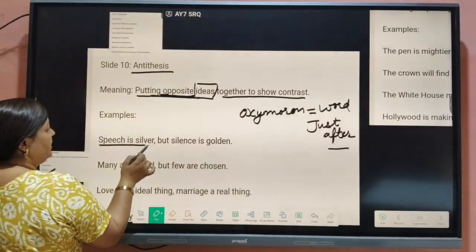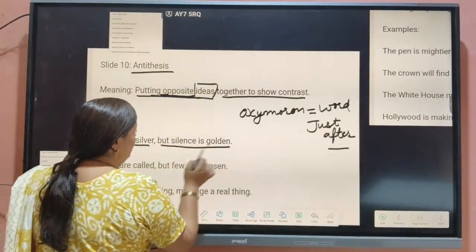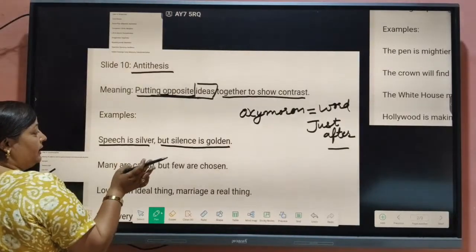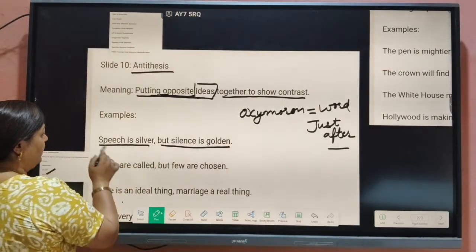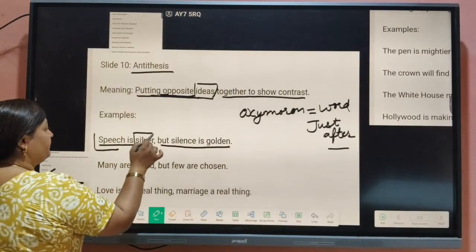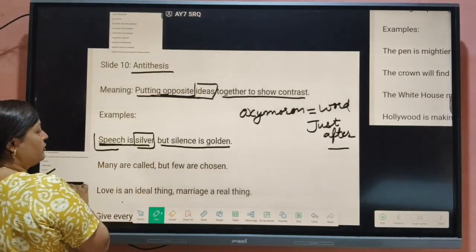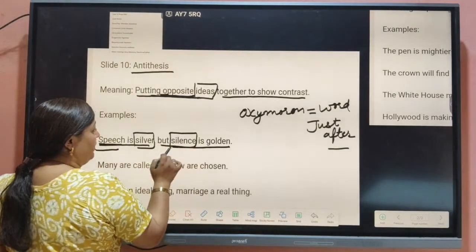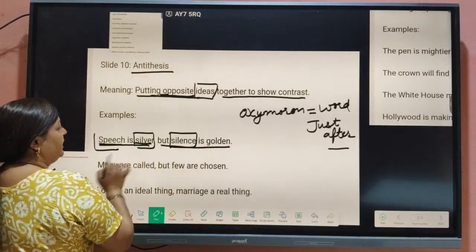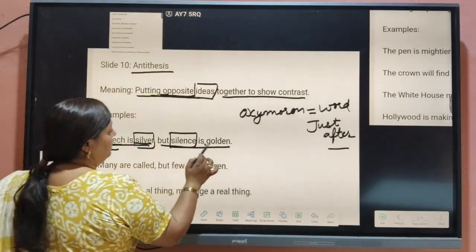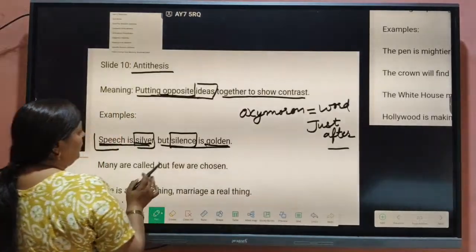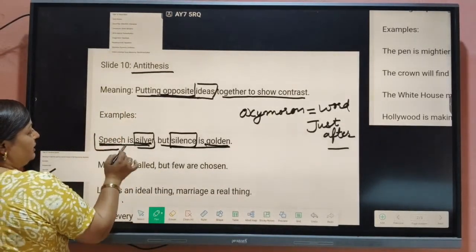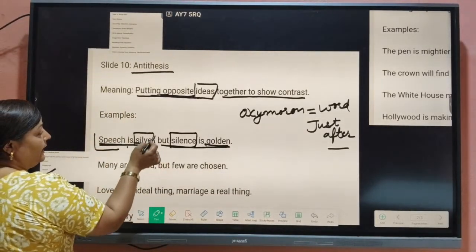Example, speech is silver, but silence is golden. Here, the poet is saying two things. He is saying speech is silver, and then he is saying about silence, that silence is golden. In this way, this sentence has two parts.